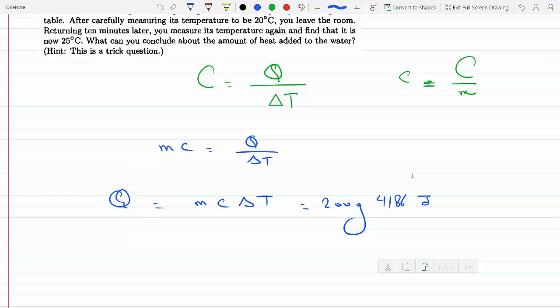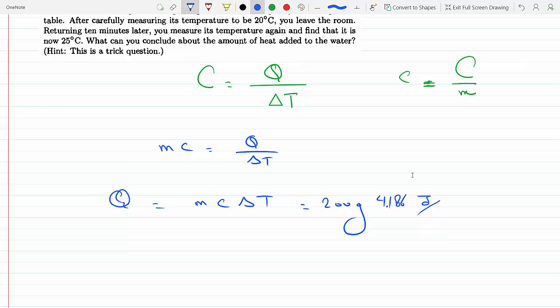That's capital C. I'm using small c, so 4.186. Joules per kilogram, that's correct. Because this is 10 to the 3.